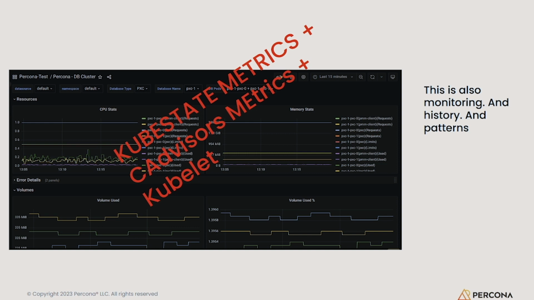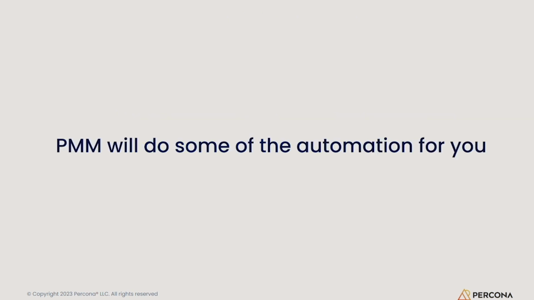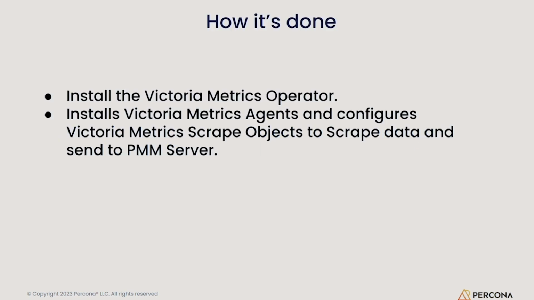We just make it for you, ship it, and make it available for you to just use it. So that would require installing and configuring the data collectors to make it usable on PMM server. And like I said, the idea is that you don't have to worry about that, that PMM will do all the stuff.